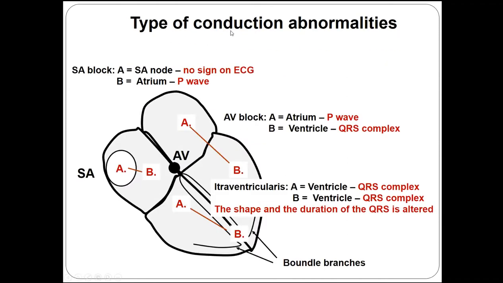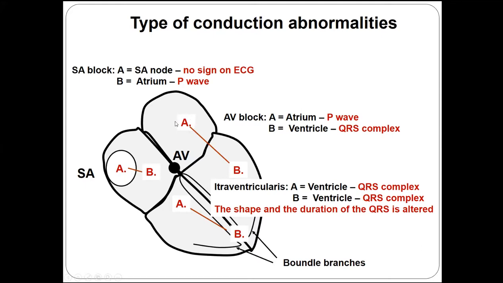Now, this kind of conduction abnormality can be anywhere inside the heart. As I mentioned, it can be between the SA node and the atrium, that's an SA block, or between the atrium and the ventricle, that's an AV block, or intraventricular, inside the ventricle. Okay, the best one to start with is the AV blocks. Why?